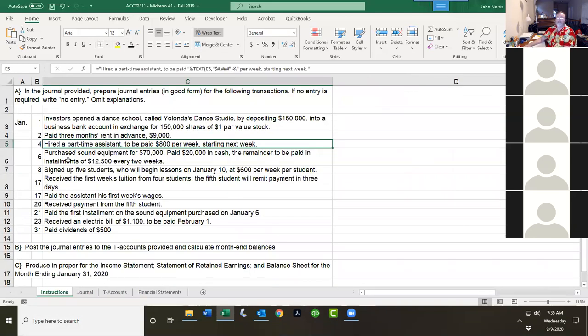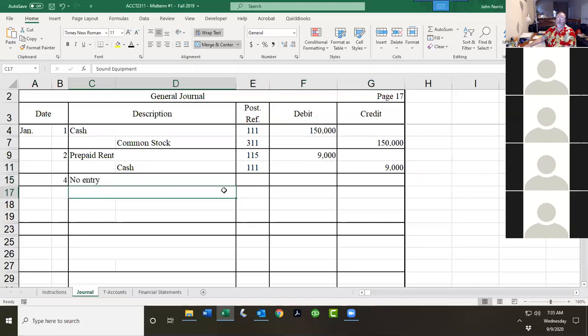We then purchased sound equipment for $70,000. We paid $20,000 in cash, the remainder to be paid in installments of $12,500 every 2 weeks. So the debit on this one is sound equipment, and you can see that from here.